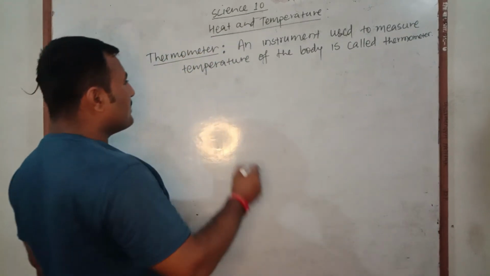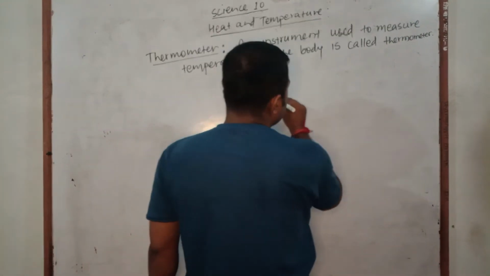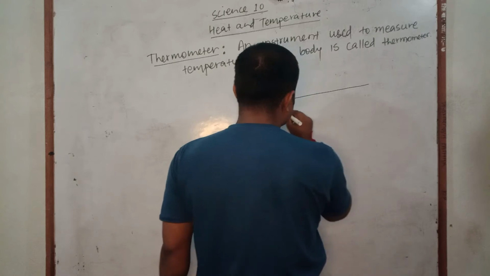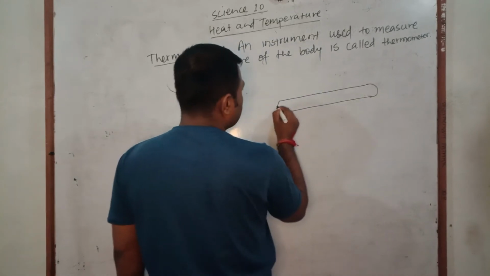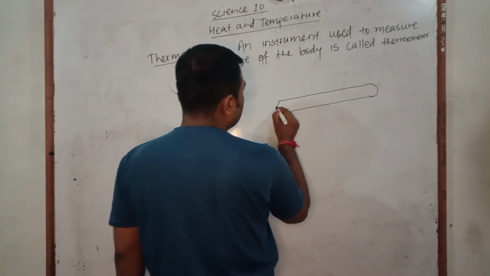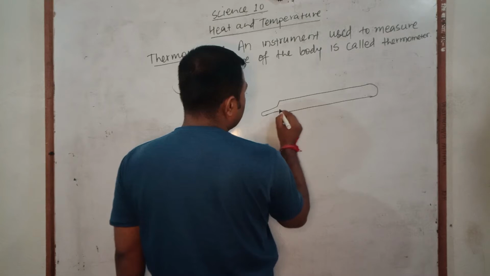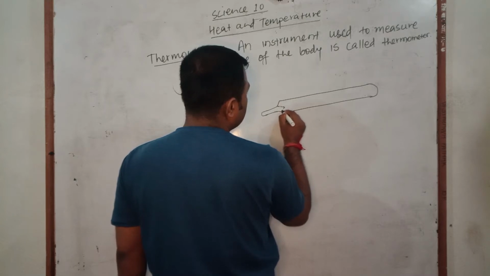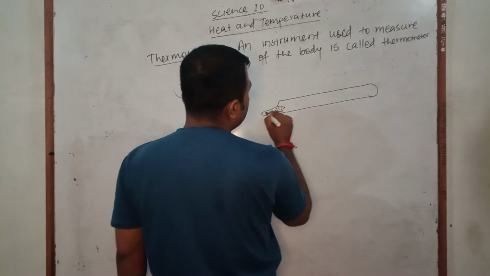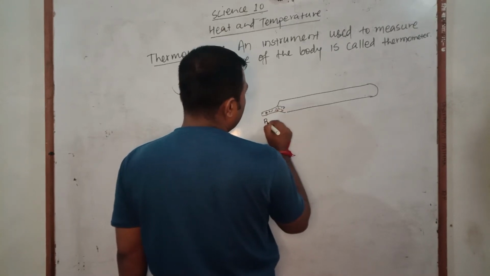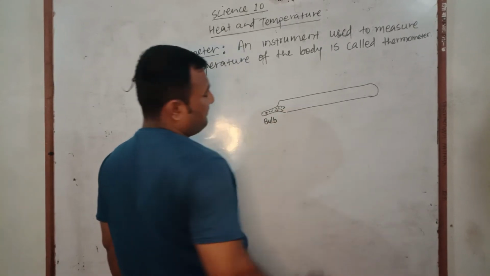A thermometer is made up of a cylindrical glass tube, which remains connected to a thin-walled bulb filled with liquid, known as the bulb of the thermometer.